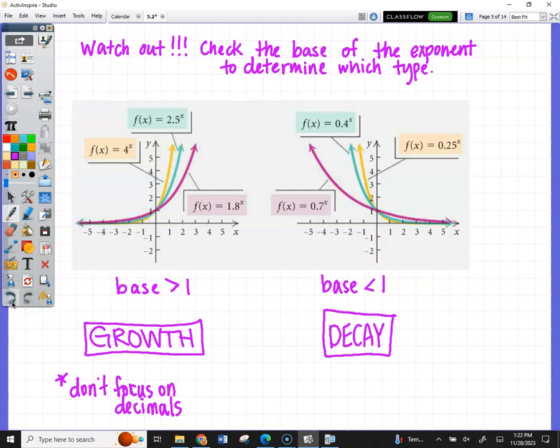Now, what we're going to do is this right here with transformations of the graphs. We're getting back to recognizing the mother function and then shifting it right, left, reflecting it up, or reflecting it over the x-axis.